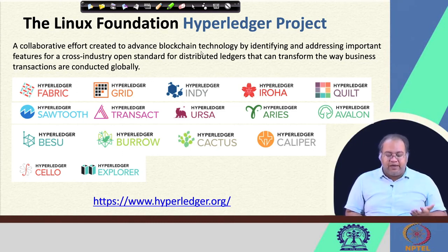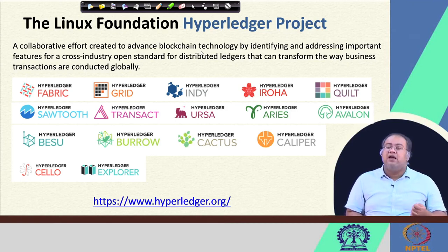We have Hyperledger Fabric, Hyperledger Grid, Hyperledger Indy, Hyperledger Aries, Hyperledger Sawtooth, Hyperledger Besu, Hyperledger Burrow, and so on. Different projects provide different levels of decentralization in terms of permissioned model or private-public model, and at the same time they are suitable for different kinds of applications.